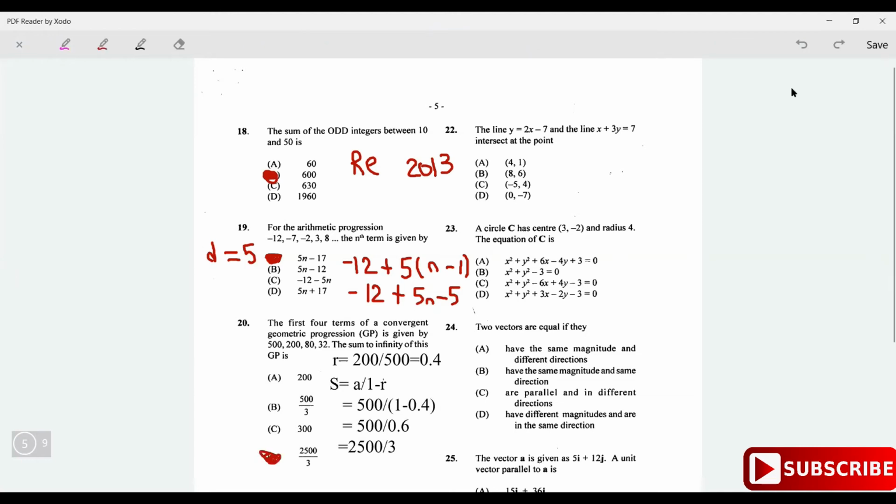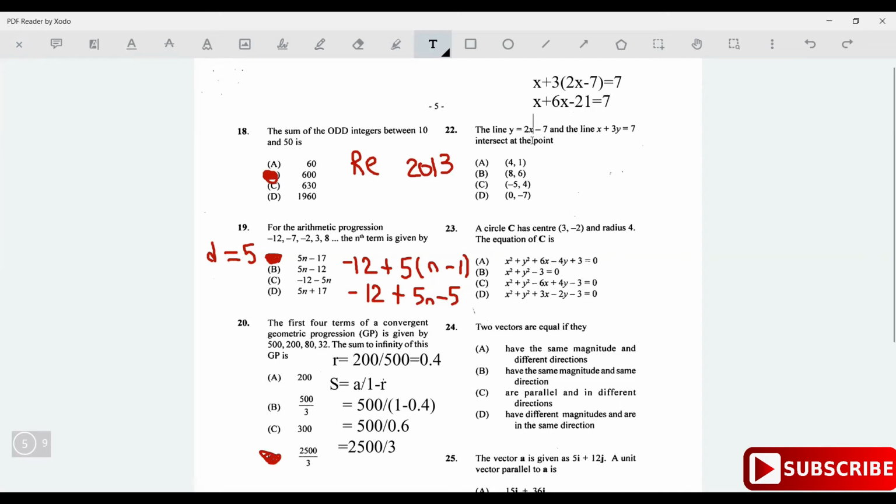Next question. Find where these two lines intersect. Simultaneous equation. To do this, first thing I would do is substitute the line y equals 2x minus 7 into this line. So you're going to have x plus 3 times y, where you're putting y now as 2x minus 7. And remember, this is now equal to 7. So go ahead, we get x plus 6x minus 21 is equal to 7.